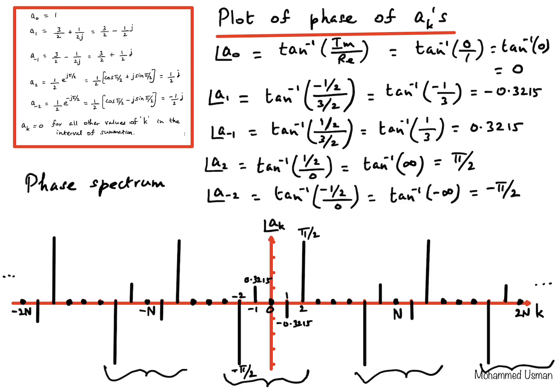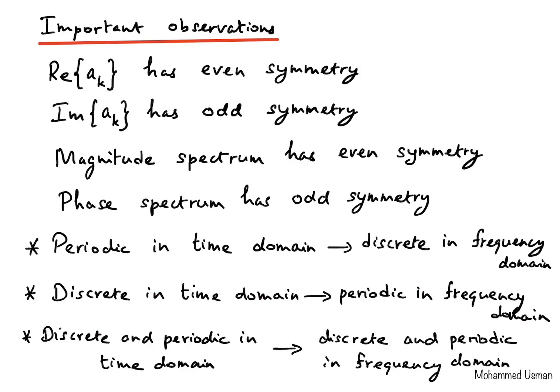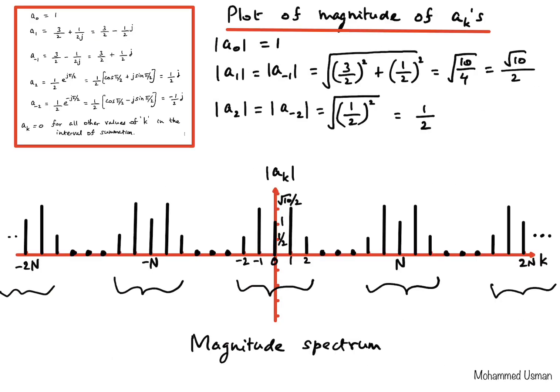Okay, so that's the phase spectrum of the sequence x of n, where the phases of the Fourier coefficients are plotted as a function of k. Now, having seen all these plots, we can make a few observations. The first observation is that the real part of a_k has even symmetry.